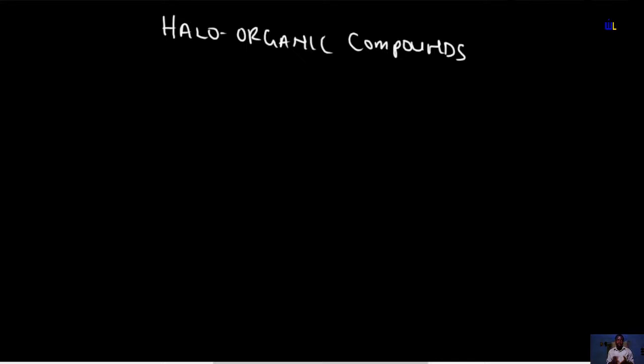Today we are going to be discussing the haloorganic compounds, and once we are done with that, we will discuss isomerism. The major things talked about in every homologous series are about 5 major points.